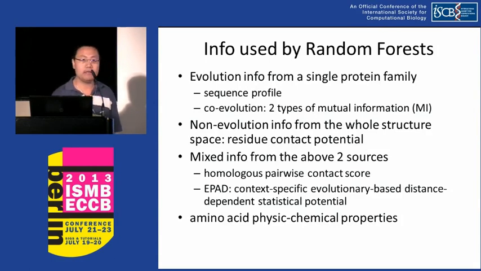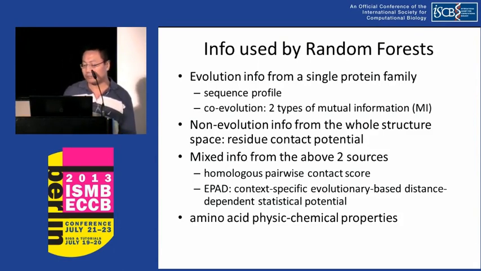We also use mixed information derived from both evolution and non-evolution information, like the homologous pairwise contact score, and the new statistical potential, EPAD. Finally, we also make use of the amino acid physical-chemical properties. All this information is integrated by our machine learning model, random forest.